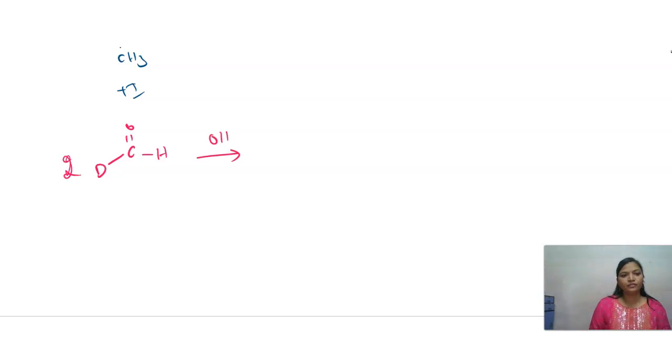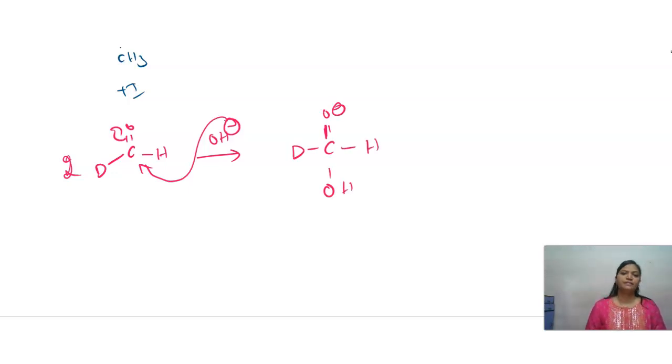In presence of OH minus, it will attack on this one, and we get D C O minus and OH, D and H. Now another formaldehyde with D group will come here and it will be rearranged, and this hydrogen will go and attack on this one. It will be like this.